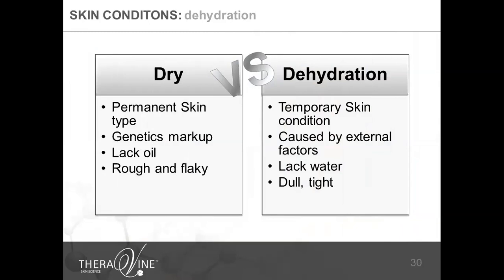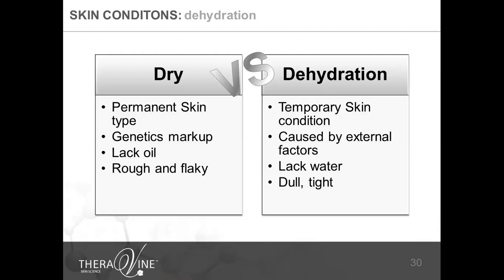They lack oil, the skin is rough and flaky, like we looked at earlier on, with very small pores, very fine skin. A dehydrated skin is temporary, so it's a skin condition caused by external factors, can also be internal, obviously, lack of water, and the skin is dull and tight.